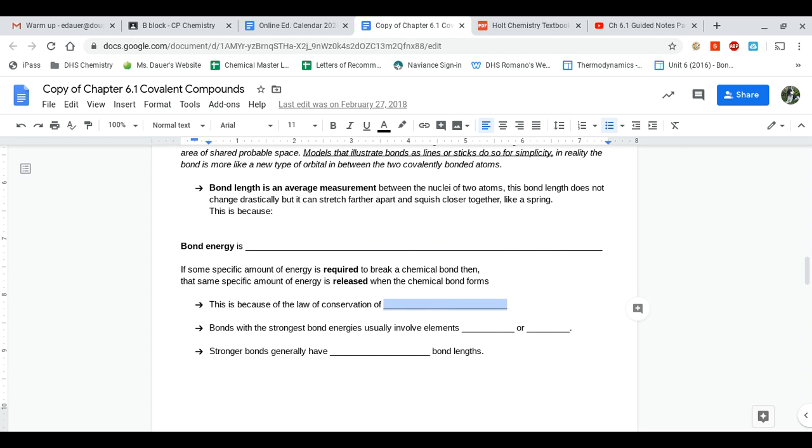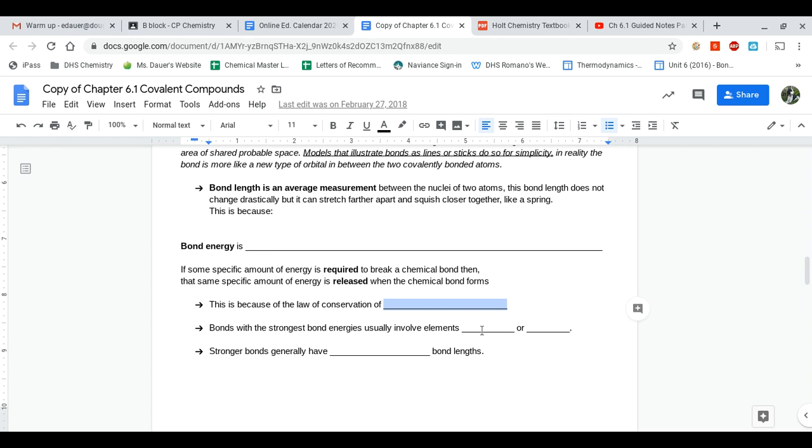So this is allowing us to say, hey, if forming a hydrogen bond, a bond between two hydrogen atoms, releases whatever the units of energy are, I don't know, some 410 units of energy, we can reason that if we needed to do the reverse chemical process, it would be the equal but opposite amount of energy. So this is just some understanding of the law of conservation of energy.